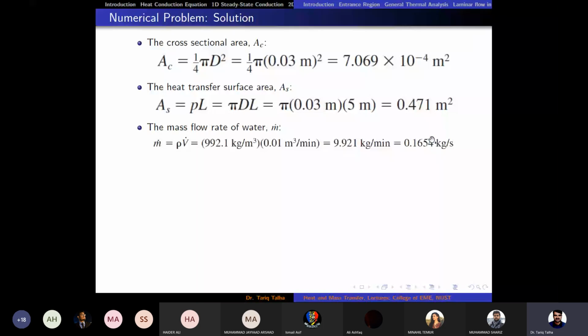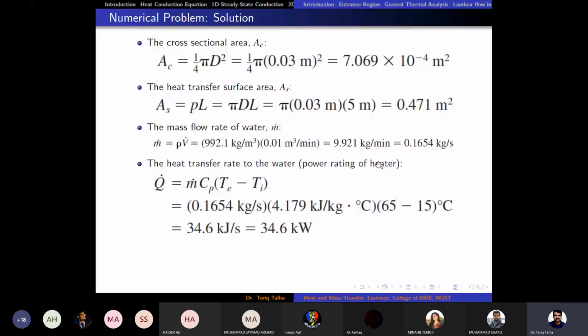Once m dot is known, we can calculate the heat transfer rate to the water, which is the power rating of the heater providing the electric resistance heating. It comes to about 34.6 kilowatts.